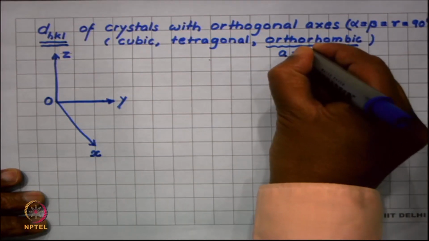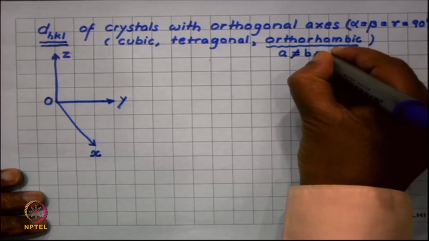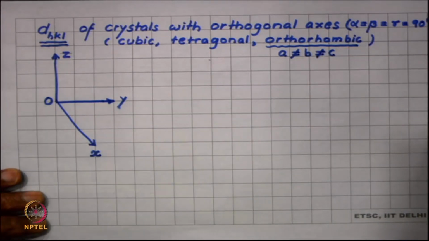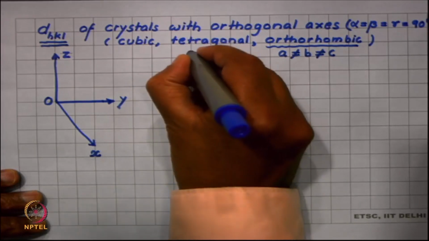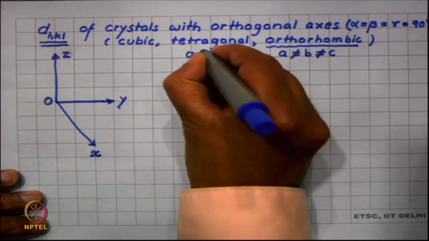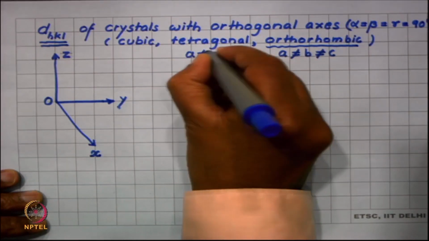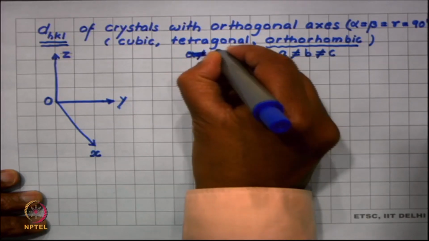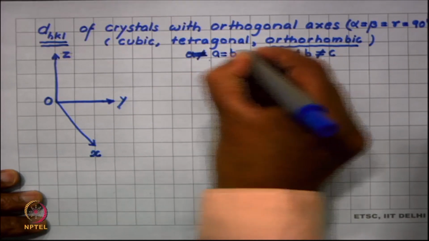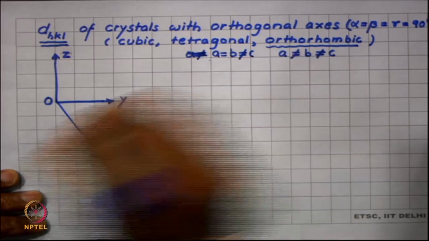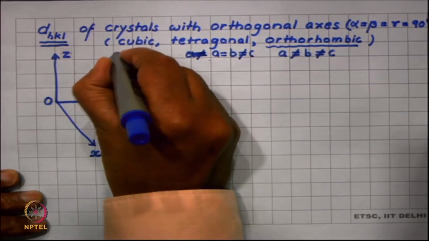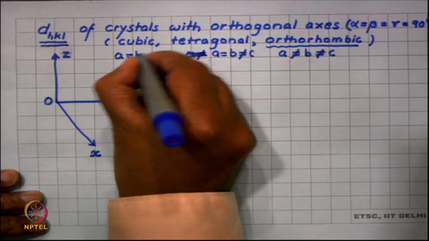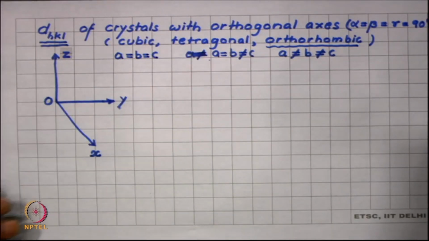Orthorhombic, the 3 lattice parameters are not equal, a not equal to b not equal to c. Tetragonal, a equals b and not equal to c, and in cubic all are equal. So, this is the only difference.